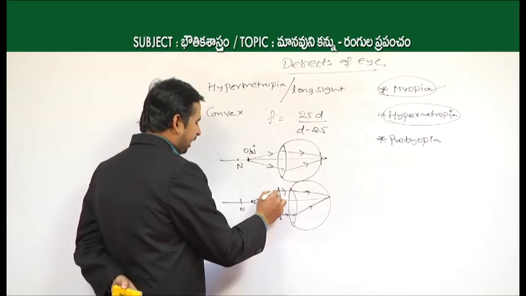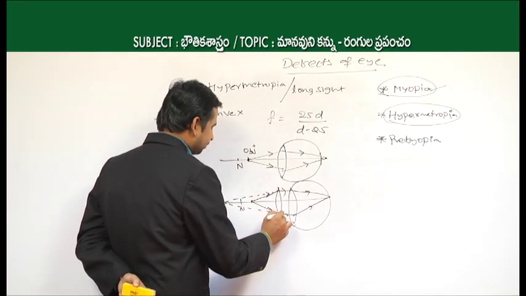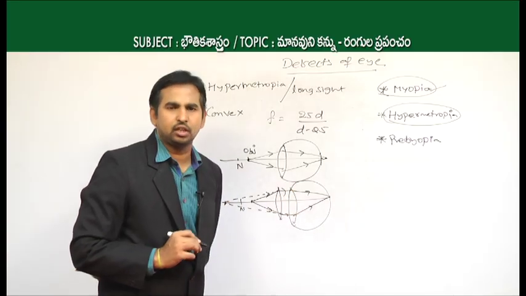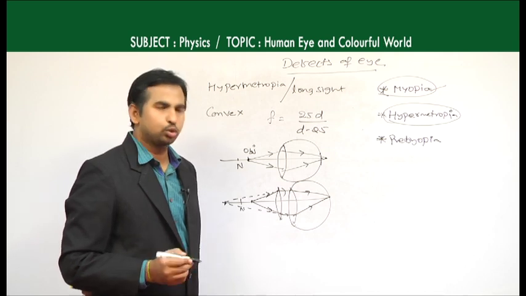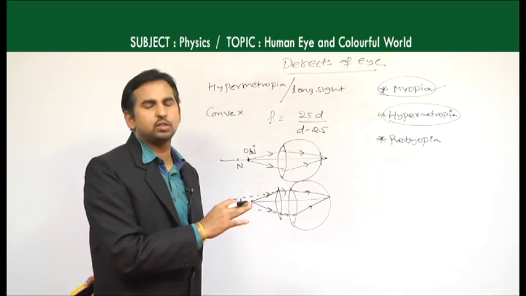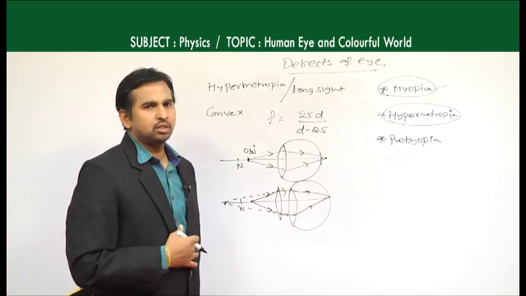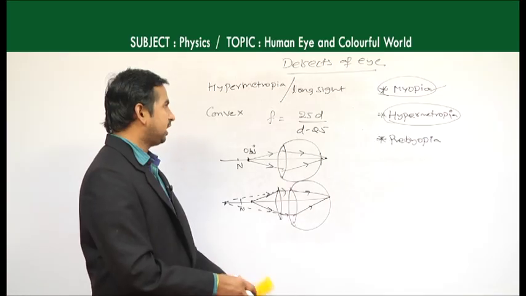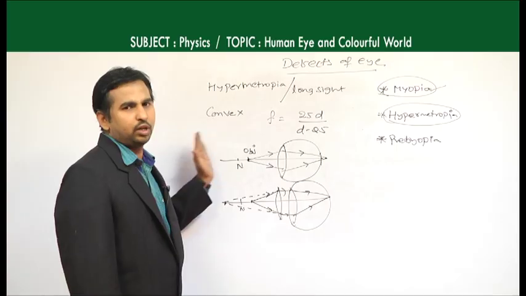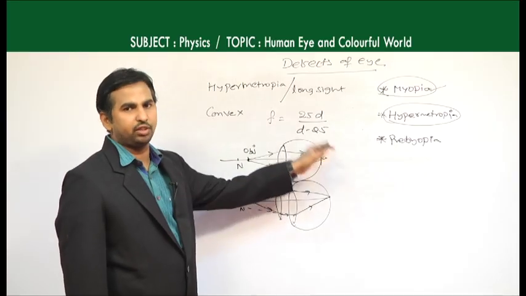The light rays appear to be coming from a far distance, that is, from after the near point. If the object is placed after the near point, we do not have any problem seeing it. That is why in long sight, we can see the object clearly after the near point. If it is before the near point, we have the problem.